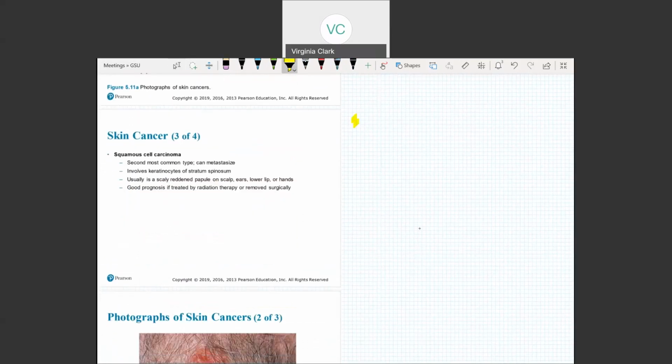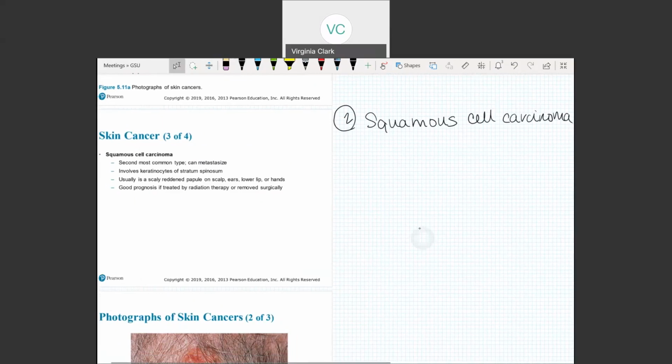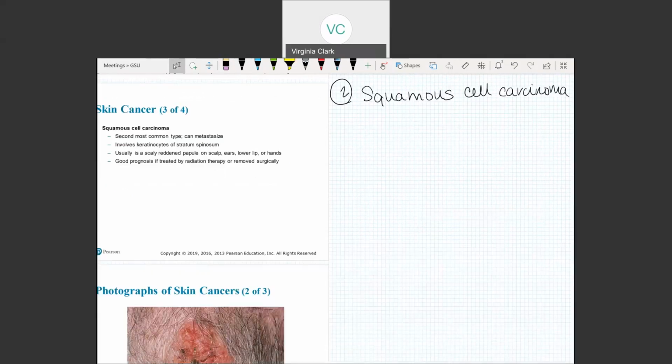The second type of skin cancer is going to be squamous cell carcinoma. Now that we know about our types of cells and our types of tissues, this is essentially going to be the second most common type of skin cancer.